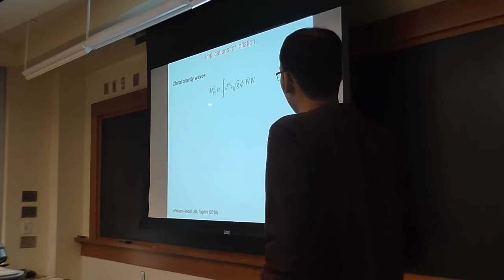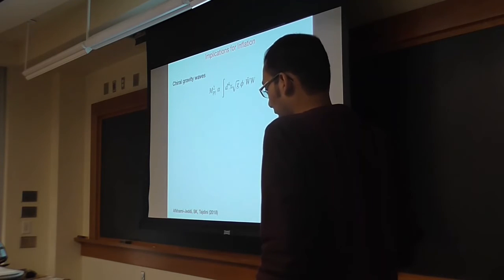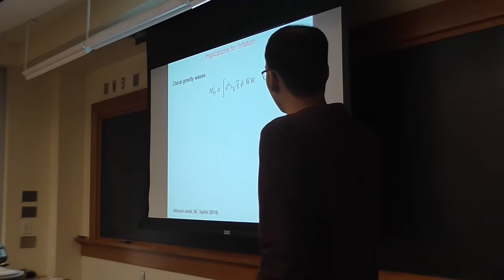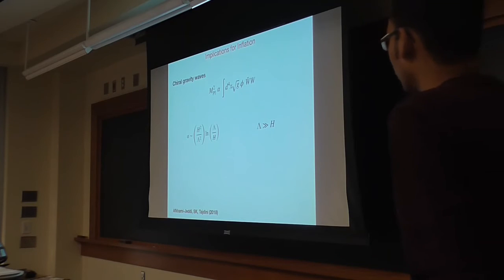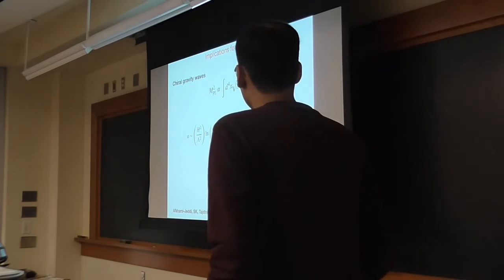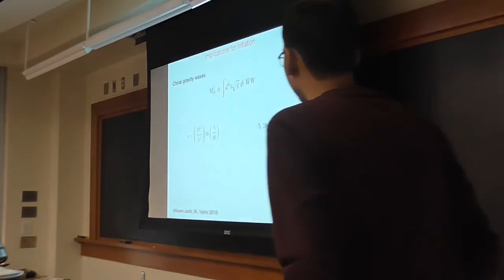If you want, you can do the same thing on the gravity side, but generally it's easier from the CFT point of view because there it's very simple. It will tell you that this alpha should be suppressed by some scale lambda, and this log appears in 4D because of IR divergences.